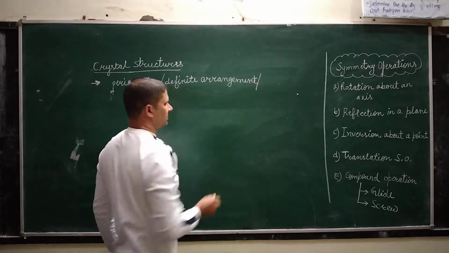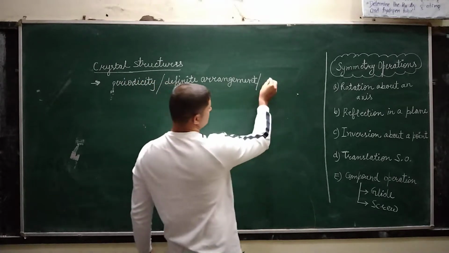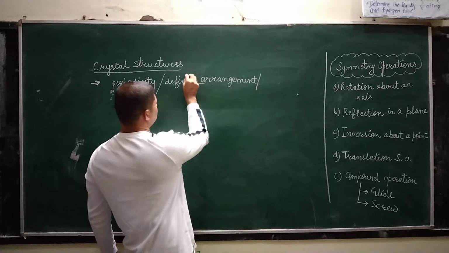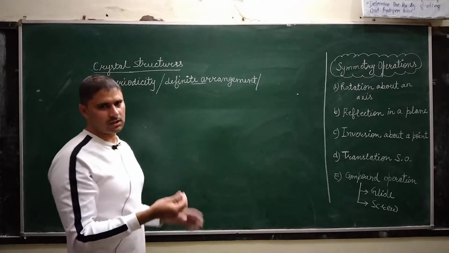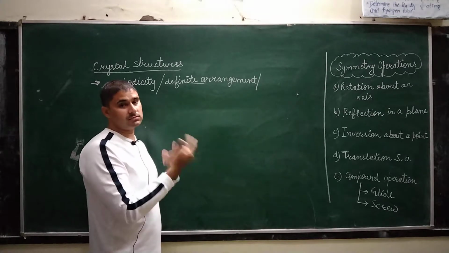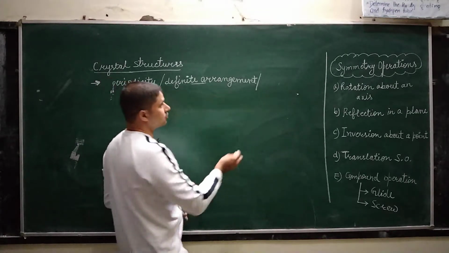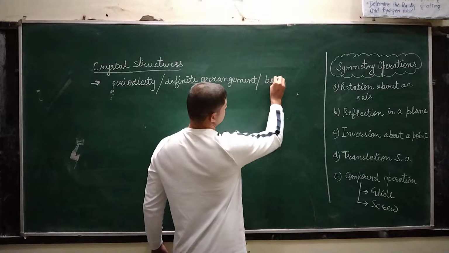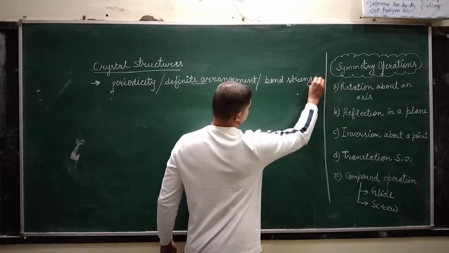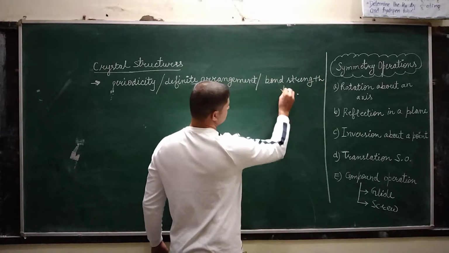of constituent particles, and then sharp melting point. Definite kinds of particles collaborate with each other to form the crystal structure. So the bond strength was fixed.